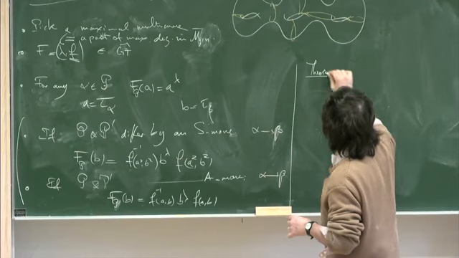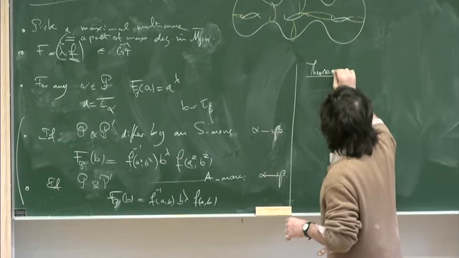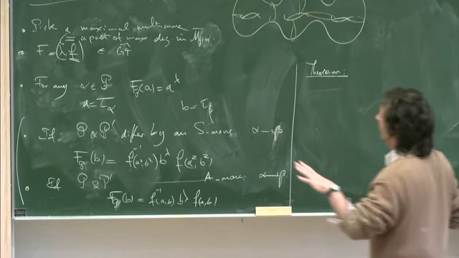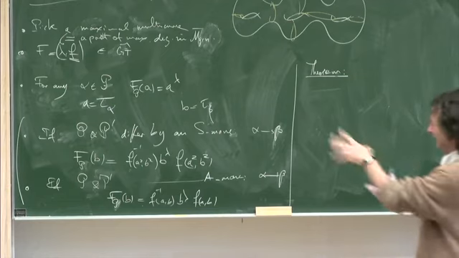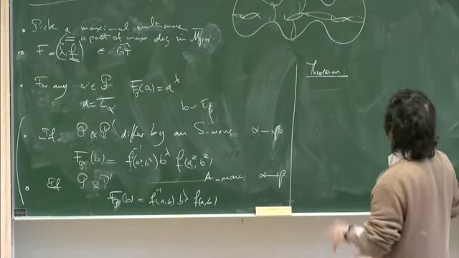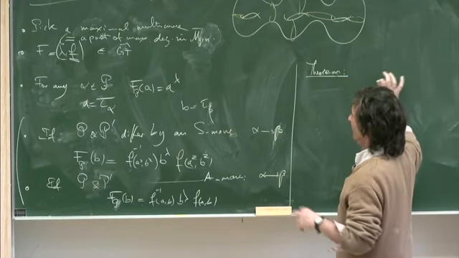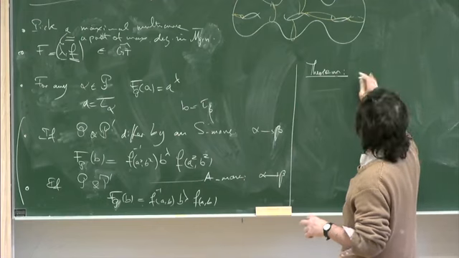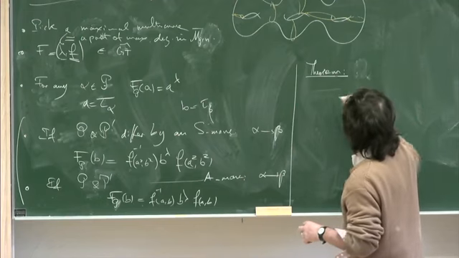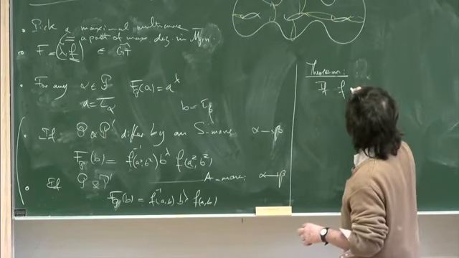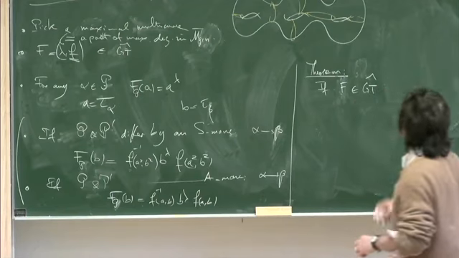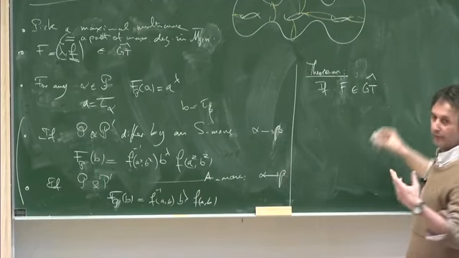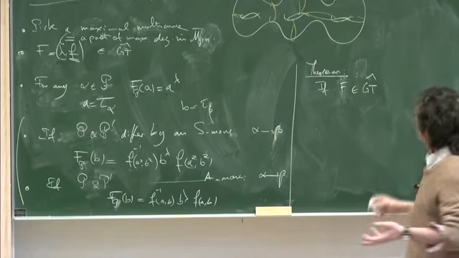So I have to confess something. I mean, the theorem is okay, but I made it slightly easier than it sounds. You have to complicate it a little bit. I'll say it in a minute. The theorem is, if f is in dt hat, which means f and lambda satisfy 1, 2, 3, okay?